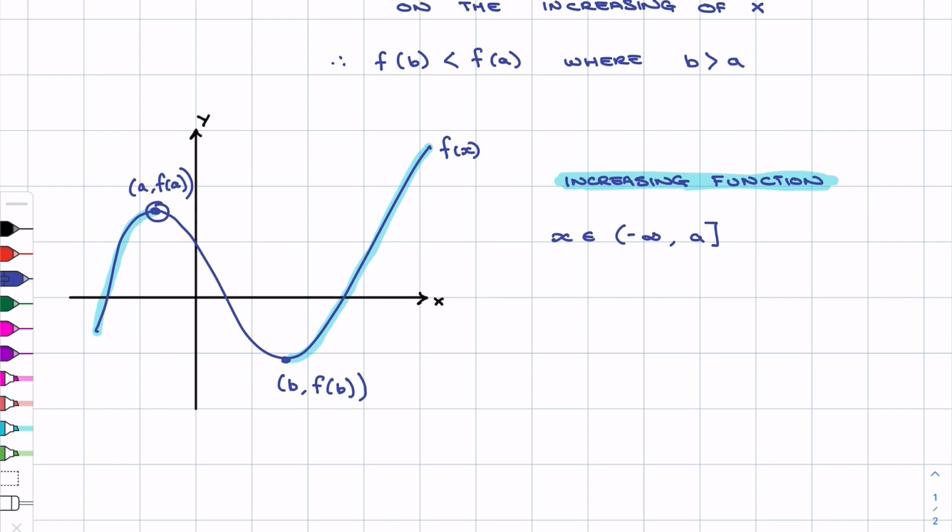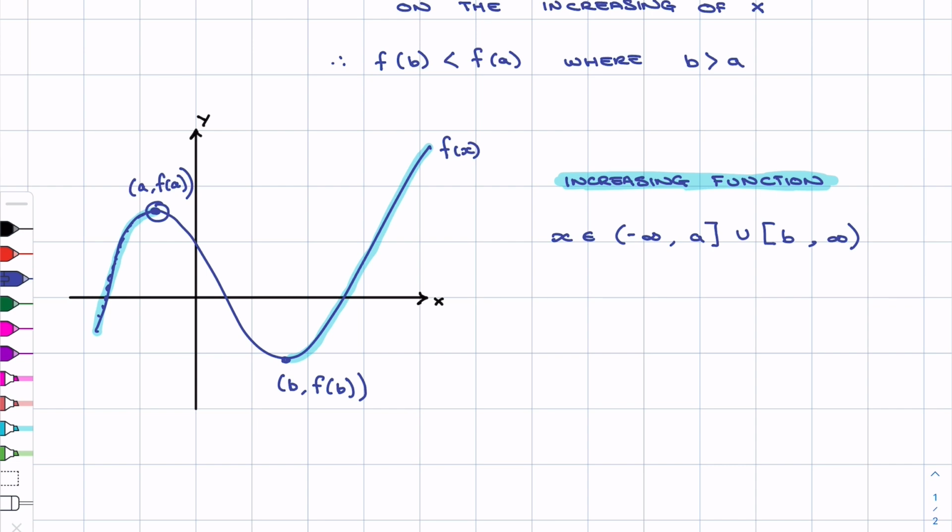So when the function actually reaches a, it's still increasing at a, even though the derivative at a, or the gradient of the tangent at a, would equal 0. We're saying that it's increasing all the way through the graph, all the way to this point, and that's including that point a. We're also going to say that it's in union with b and then to infinity, and that's our increasing part of this function.